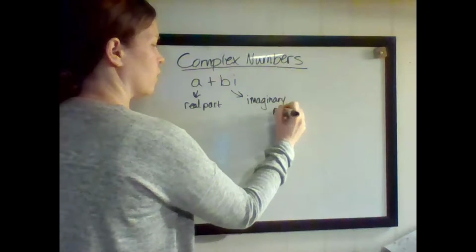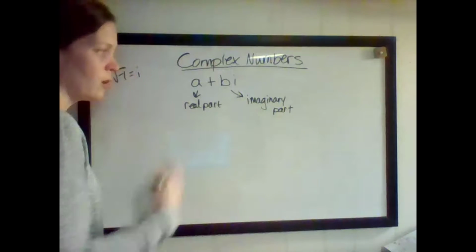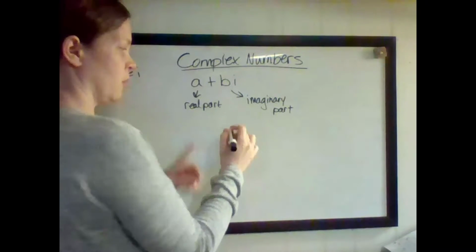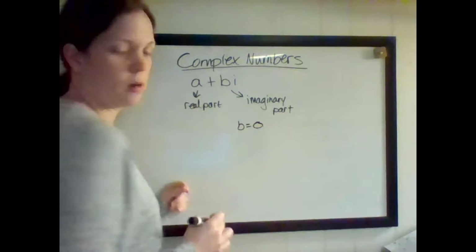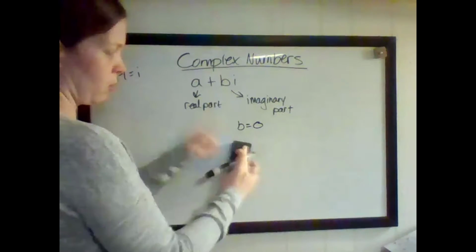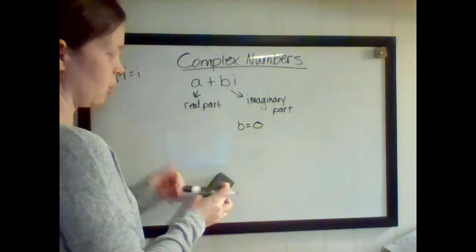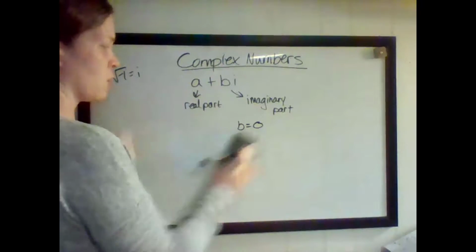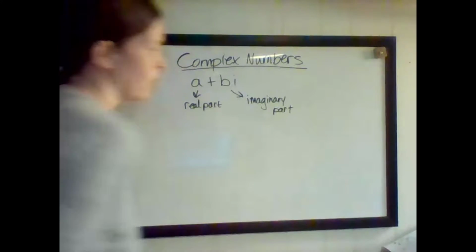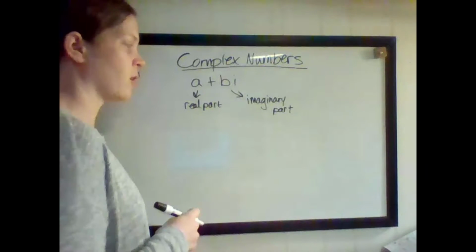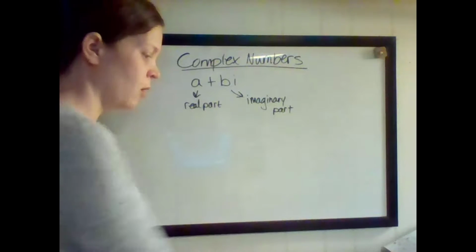Up to now in math, you've been working with complex numbers where b has been 0. That part's gone, just the real part, when we talk about real numbers. Now we're throwing in the other half, the imaginary part of numbers too.